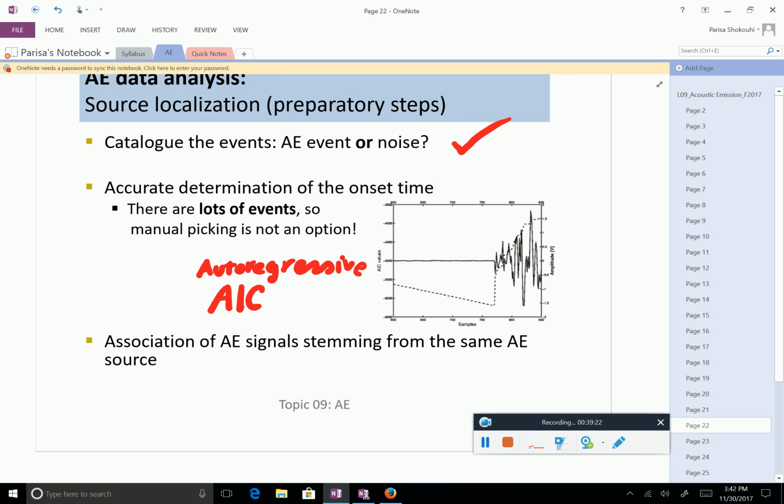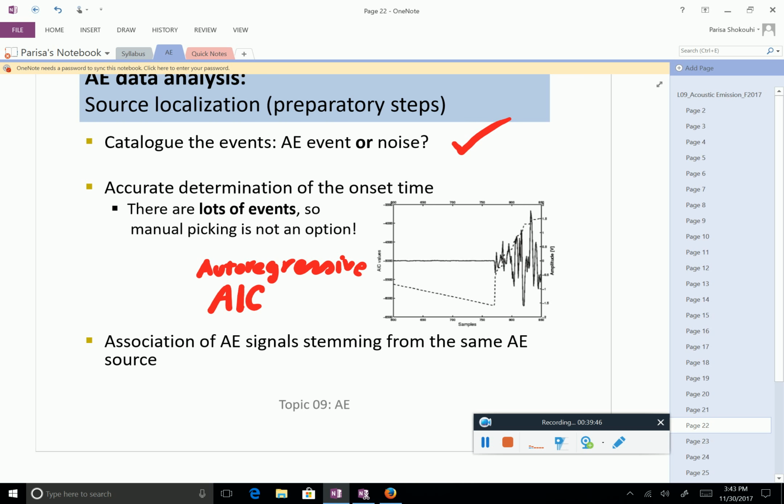And another thing is, if you want to find the source, imagine you have a source and it can be recorded by several sensors. One important thing is to somehow find out whether this is the same event. If you are looking at your different sensors, is what you are recording the same source?